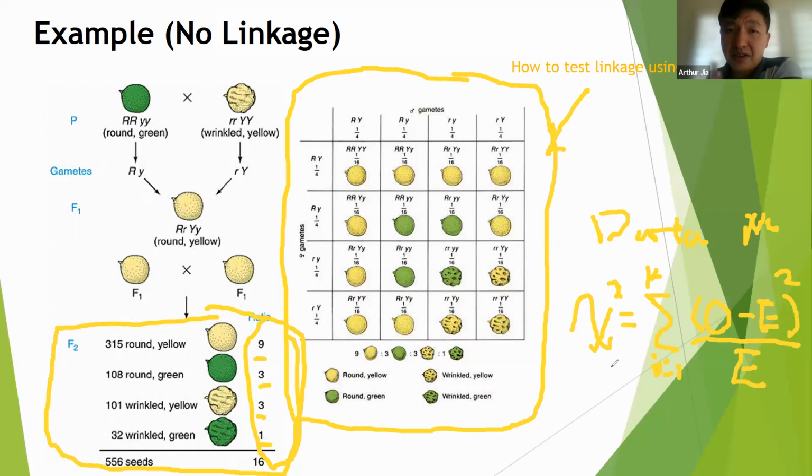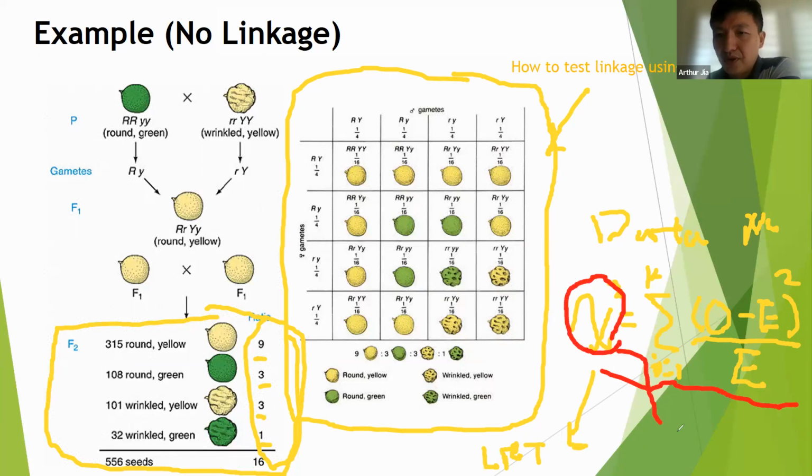This chi-square statistic is a little bit different from the log likelihood ratio statistic, because when we calculate the chi-square statistic this way, it follows a chi-square distribution with degrees of freedom equal to how many? Equal to k minus 1.